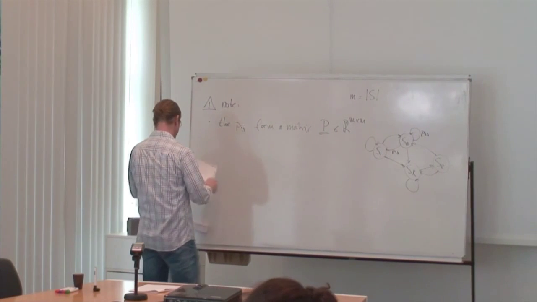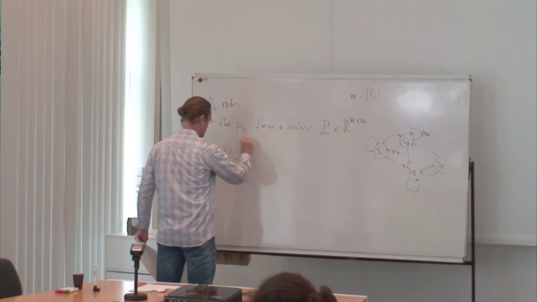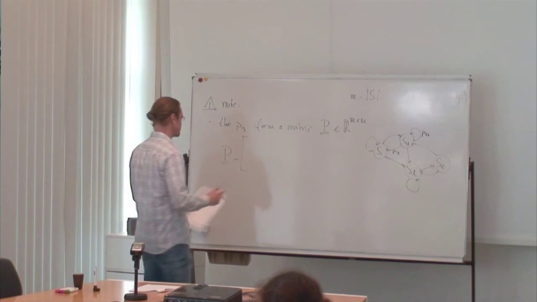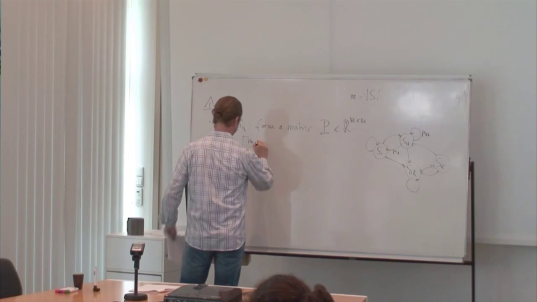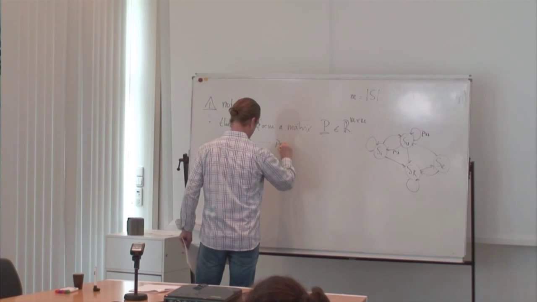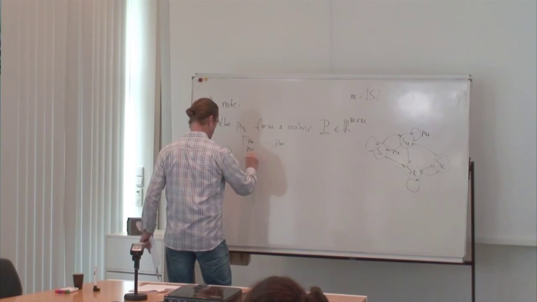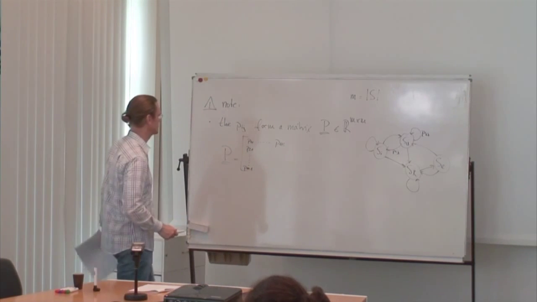So here is how this matrix looks like. Matrix P is given by the way I am doing it. P11 all the way up to some P1m. And here we have, of course, P21, and this goes down to Pm1.